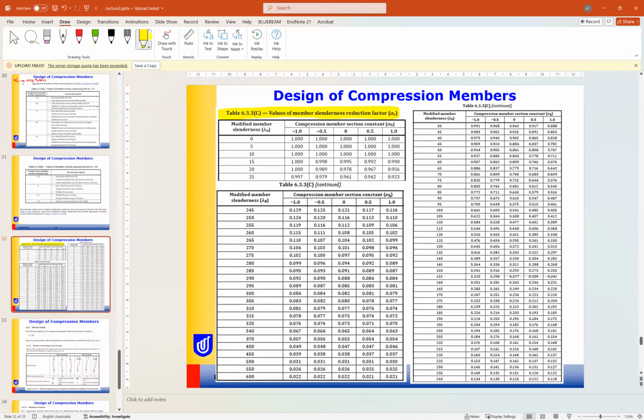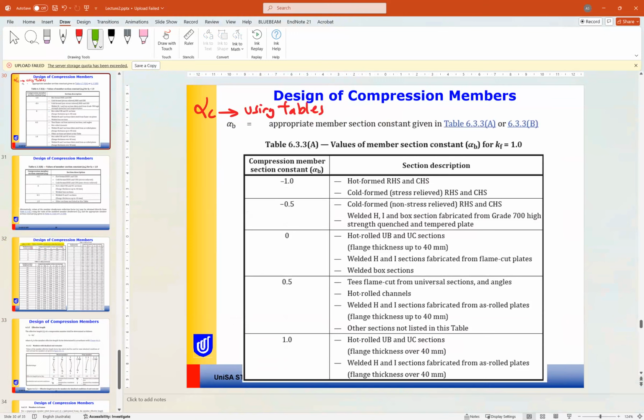6.3.3 C. But we need some parameters to find it. The parameters are lambda n and alpha b. So we can find alpha C using table 6.3.3 C using two values, lambda n and alpha b. So let's see how to find alpha b and lambda n.